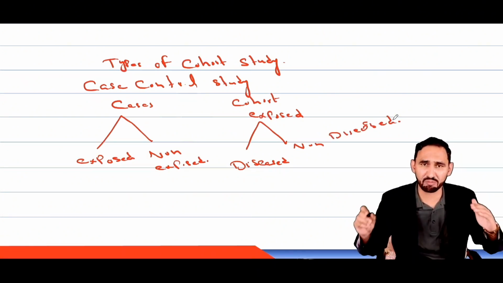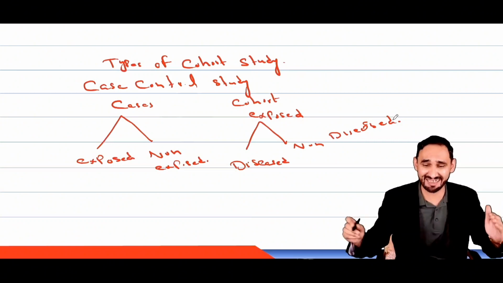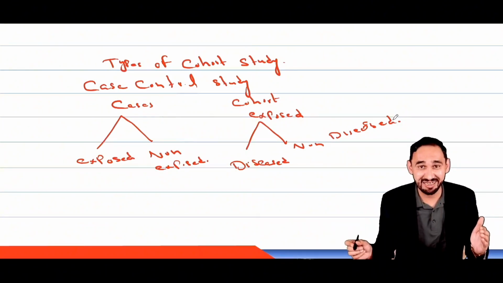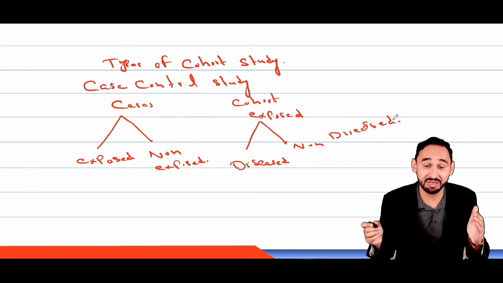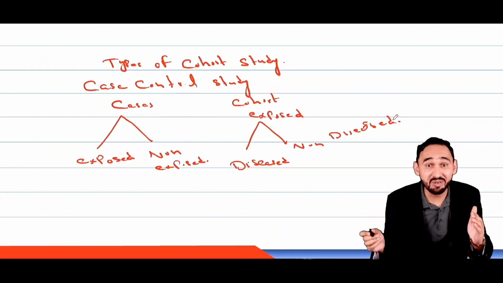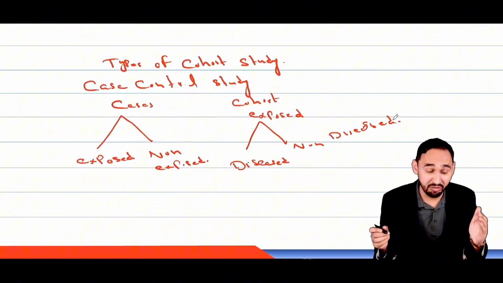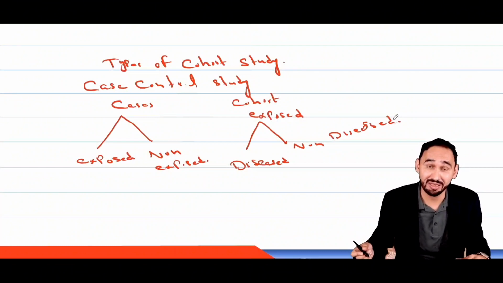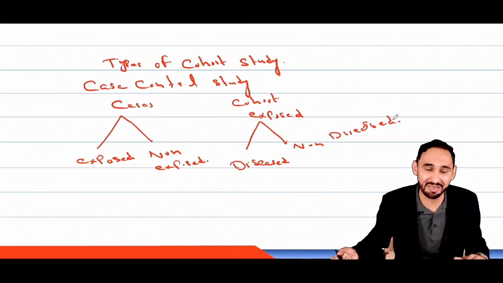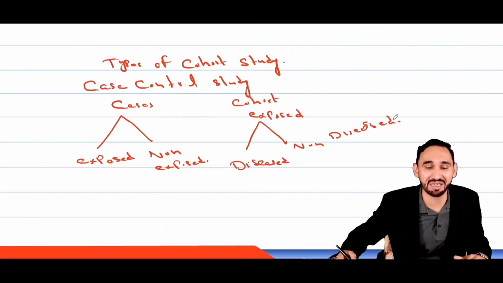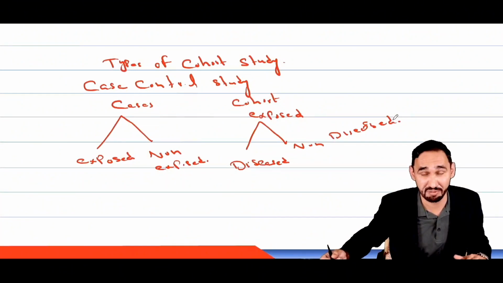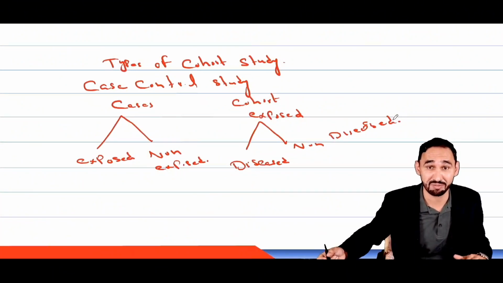So the number of exposed people is greater. This is the distinguishing feature of cohort and case control study. We draw 2 by 2 table on this basis, or we diagnose case control study and cohort study on the basis of number of cases and number of exposed people. So that's all.